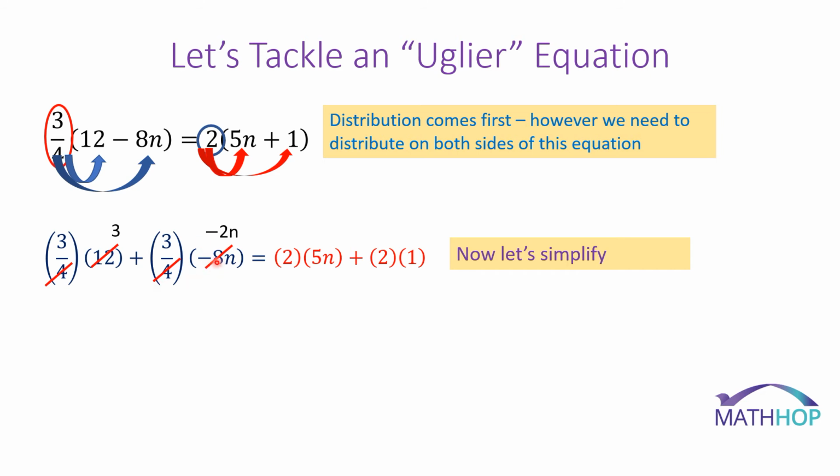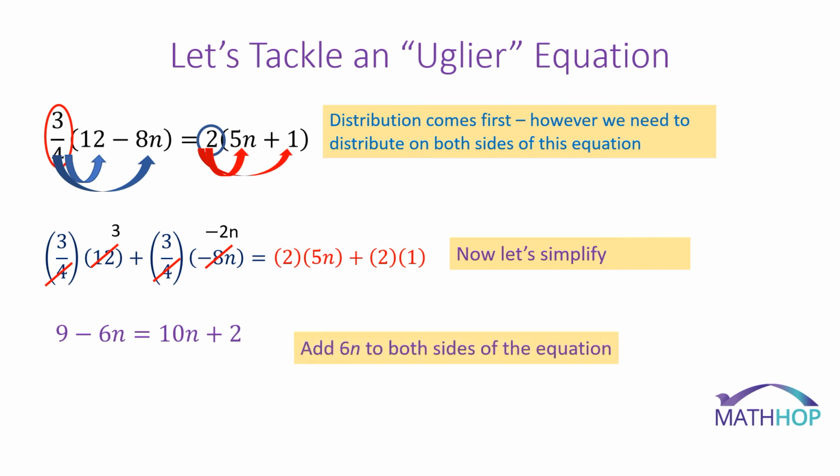So the negative 2n is left. On the right side, we don't really have anything to clean up. This is going to be 10n, this is going to be 2. So we get 3 times 3, because we had 3/4 times 12, and that's going to be 9, plus 3 times negative 2n will be negative 6n. So we get 9 minus 6n equals 10n plus 2.